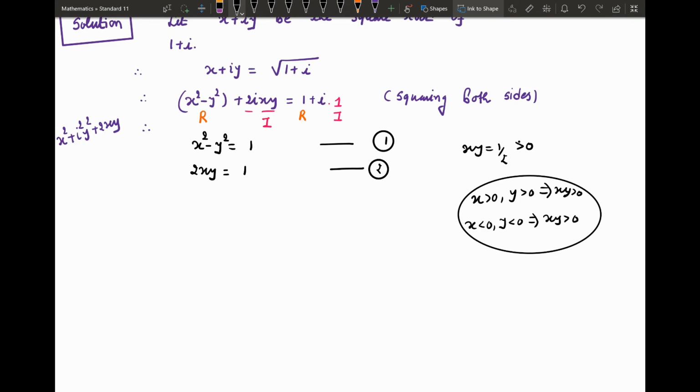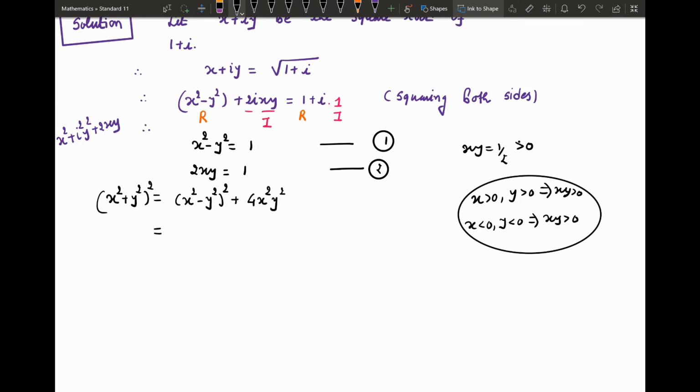Again we use the identity x square plus y square whole square equal to x square minus y square whole square plus 4x square y square.